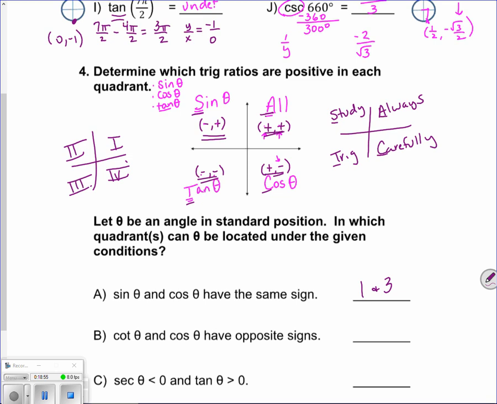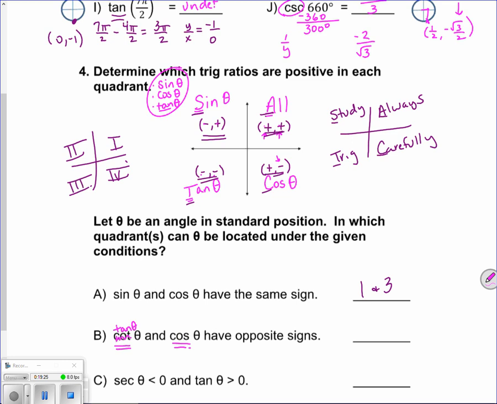Okay, cotangent and cosine have opposite signs. Let's just go quadrant by quadrant. Cotangent and cosine. Now, really, when it says cotangent, could I not think of tangent? Because again, a reciprocal function is just not going to change the sign. So when I see those reciprocal functions, I just go to one of these guys.